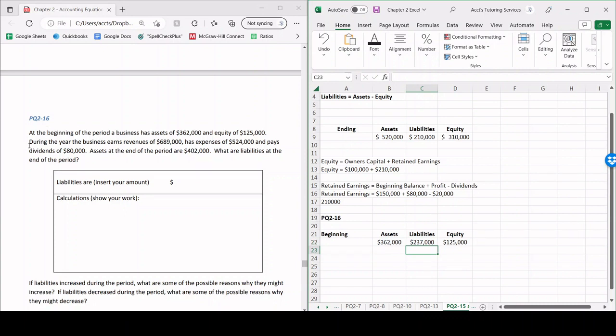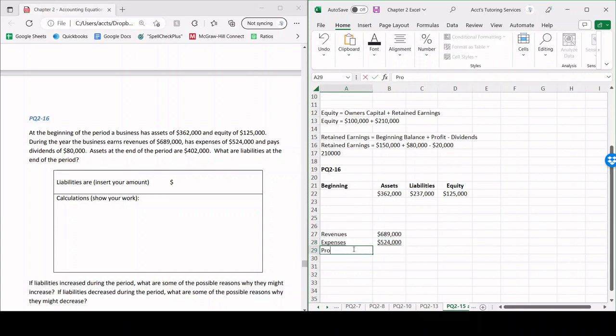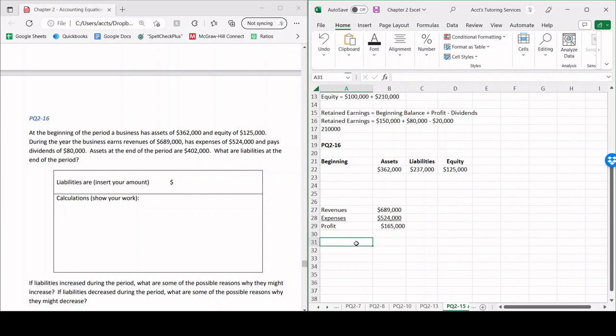137,000. During the year, the business earns revenues of 689,000. It has expenses of 524,000. So right now, I'm going to stop and quickly calculate profit. We know profit is revenue minus expenses, $165,000. Now we paid dividends of 80,000, correct?